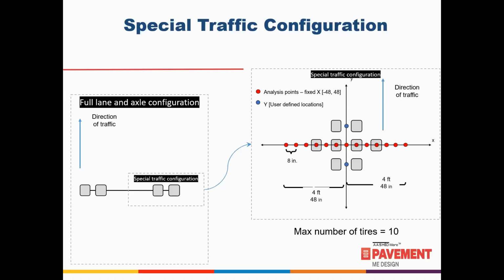And you can see that, usually you're going to try to center it evenly around the y-axis. And it's just a matter of figuring out how you can place these so that you get as many tires as you can, up to 10 tires, within that 8 foot by 8 foot pad to work in.